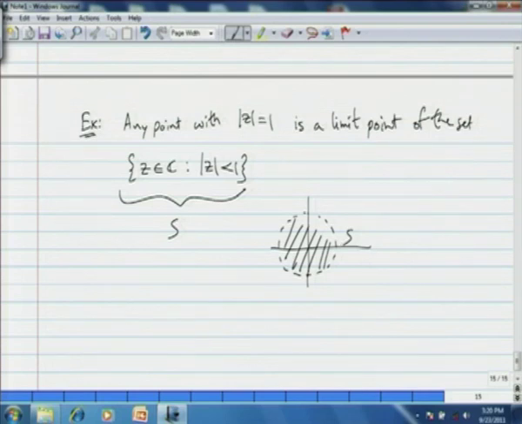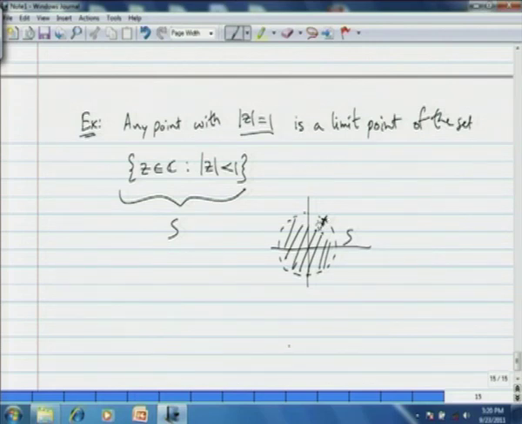If you pick any point with modulus of z equal to 1, then you can get arbitrarily close to that point using points in the set S. So any such point is a limit point.